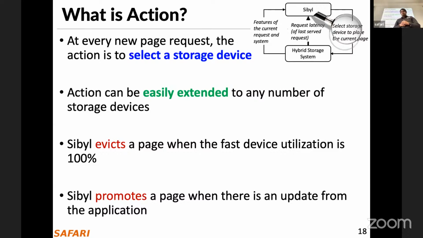Sibyl also has an eviction policy where once the fast device utilization is 100%, it moves cold data from the fast device to the slow device. And it can also promote a page when there is an update from the application.